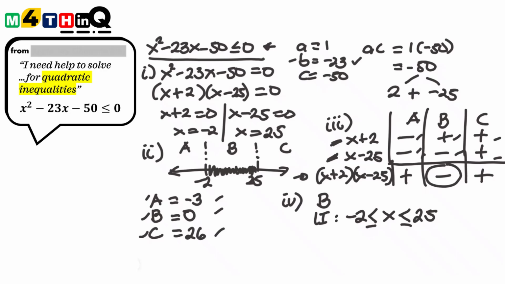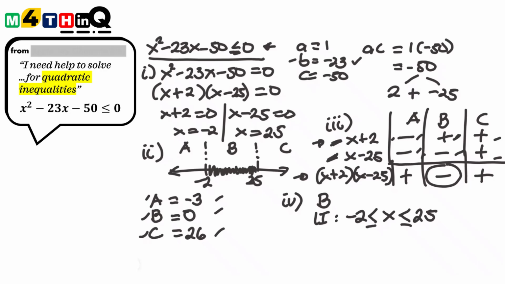Because if you're going to use -2 here in this step 3, -2 plus 2 is 0. So it comprises equal to 0. If you have 25 minus 25 is also 0. And if you're going to multiply negative or positive with 0, it will still be equal to 0. Hence, capturing the equality here.